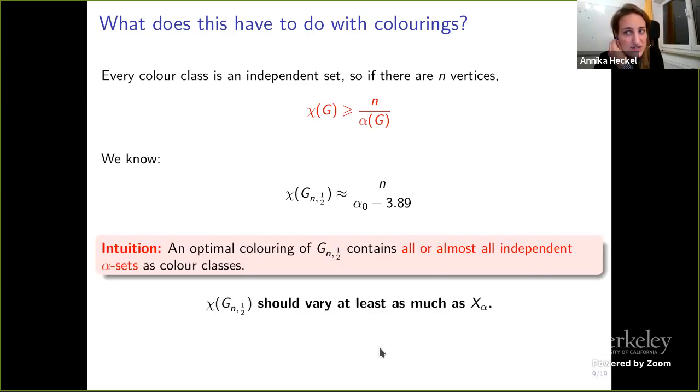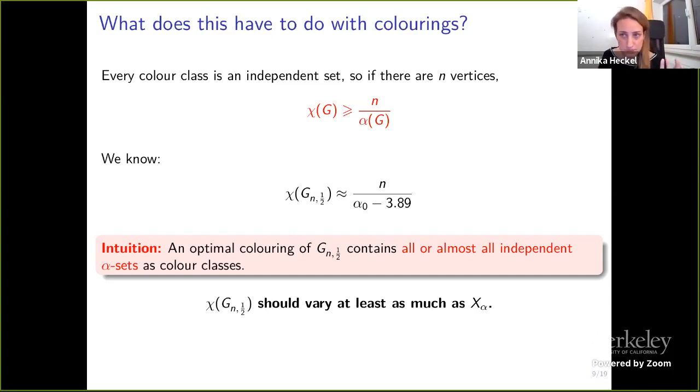So intuitively, it should be the case that the optimal coloring, the coloring that uses the fewest colors of G(n,1/2), contains all or almost all of the alpha sets as color classes. The reason behind this intuition is that these types of colorings maximize the expectation, so we think they should be the ones that appear first in G(n,1/2).